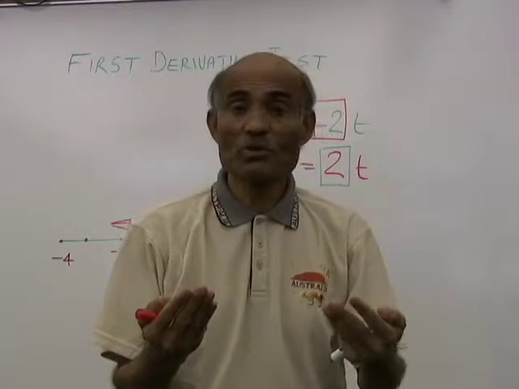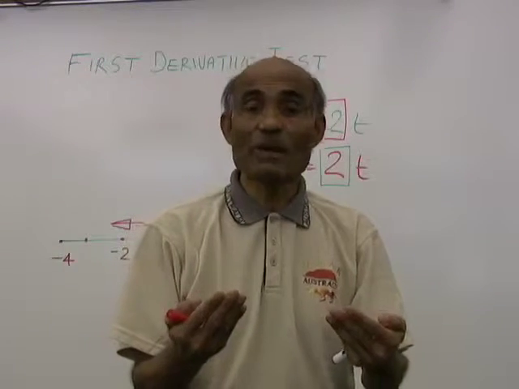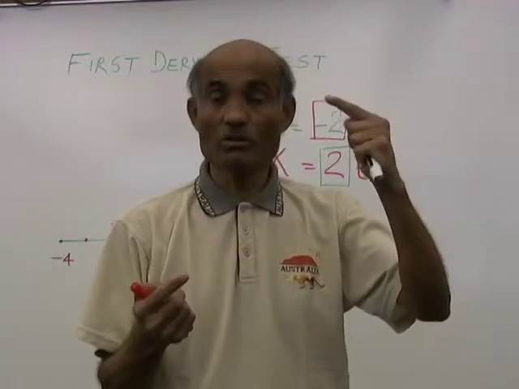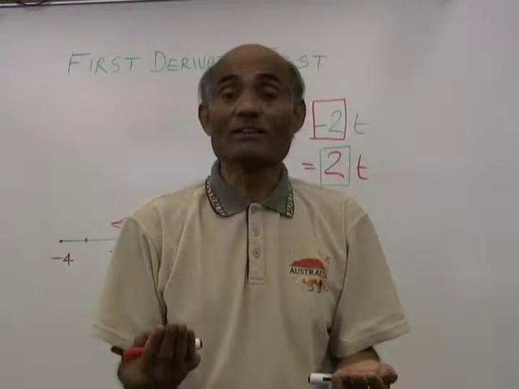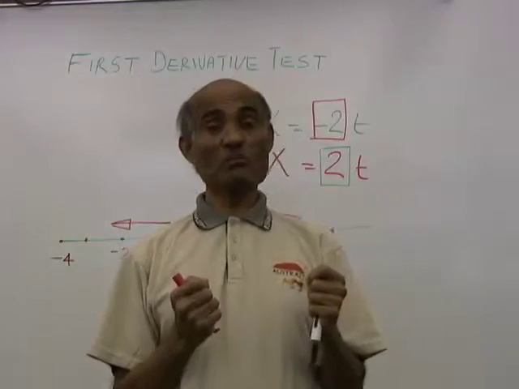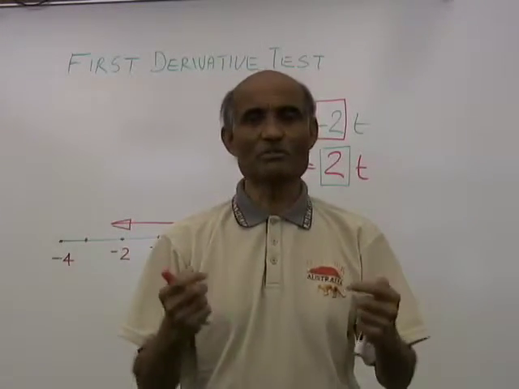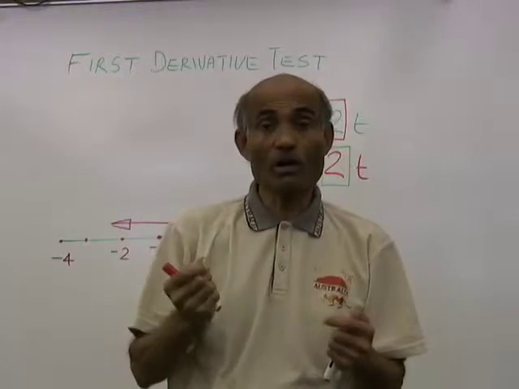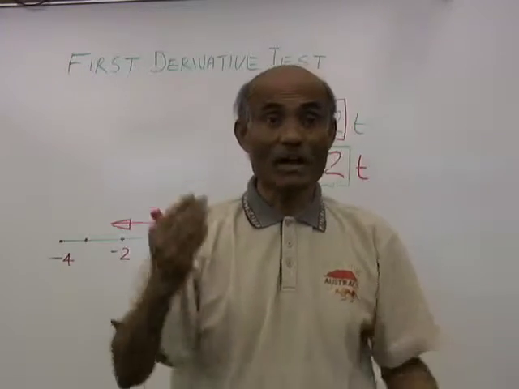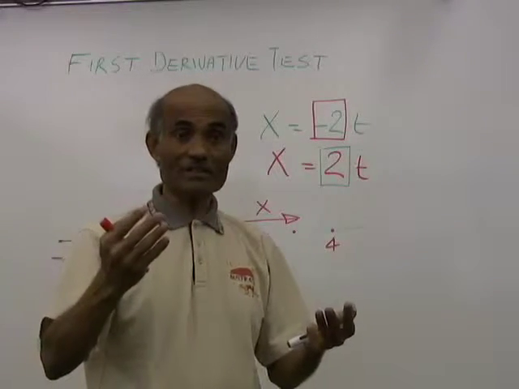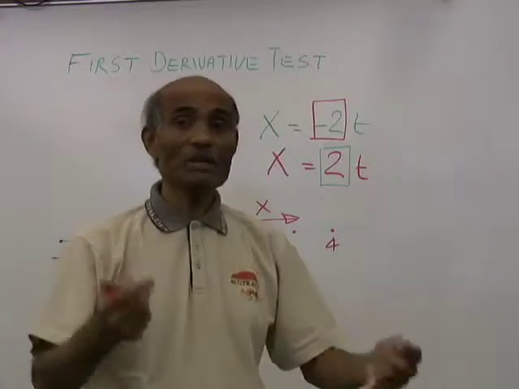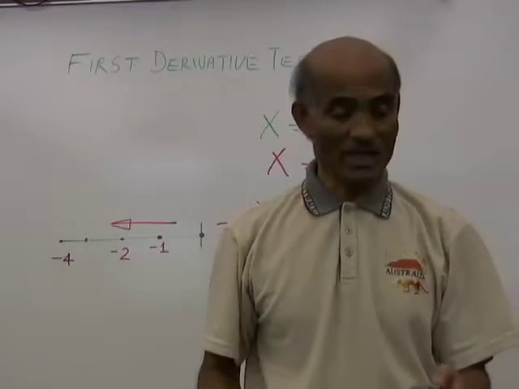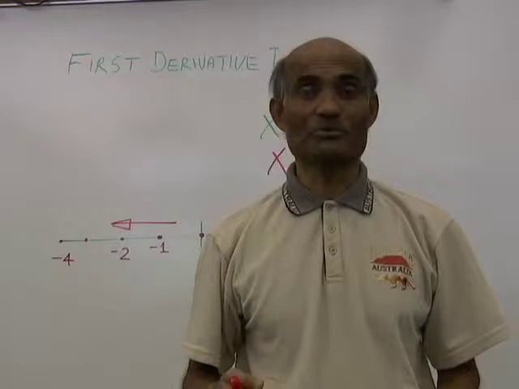A critical number is the value of the independent variable where the derivative is either 0 or undefined. Now, these two combined give you a lot of information about the function, and that's what we're going to use in this lesson to solve problems.